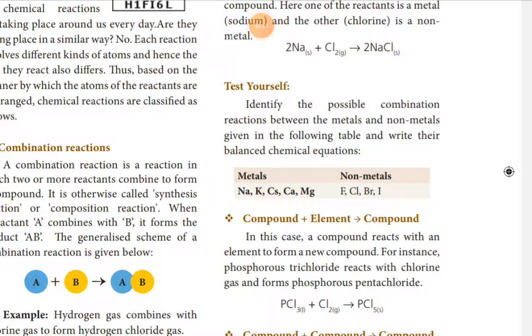See, sodium chloride, sodium fluoride, potassium chloride, potassium bromide, cesium chloride, calcium bromide, magnesium chloride, magnesium bromide. So more or less all these metals are going to combine to give a new salt. A type of simple metallic salt will be formed.